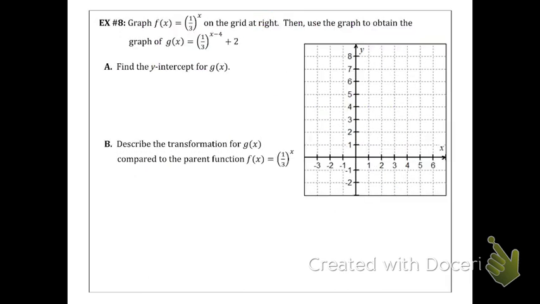All right, example 8 says graph f of x equals 1/3 to the x on the grid at the right. Then use the graph to obtain the graph of g of x equals 1/3 to the x minus 4 plus 2. First let's find the y-intercept. Remember x is 0. So we're going to find g of 0.